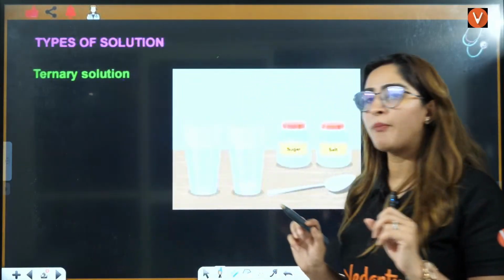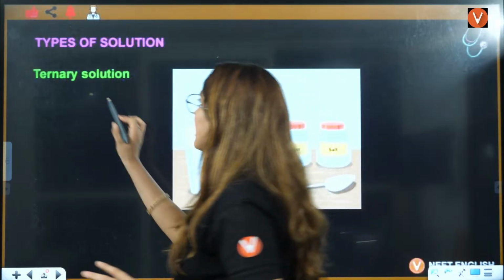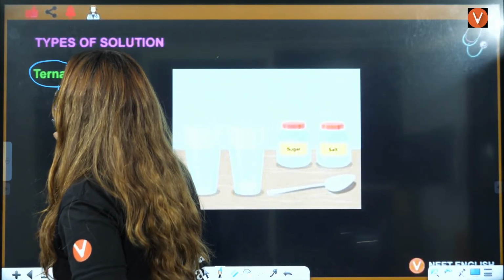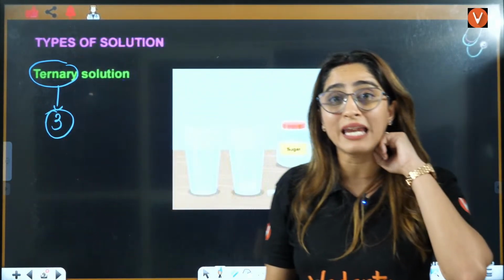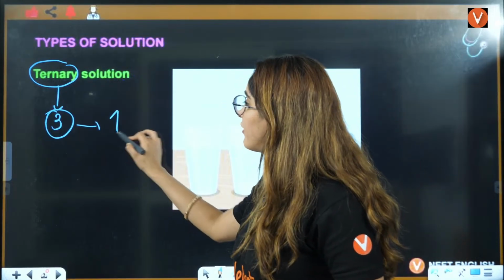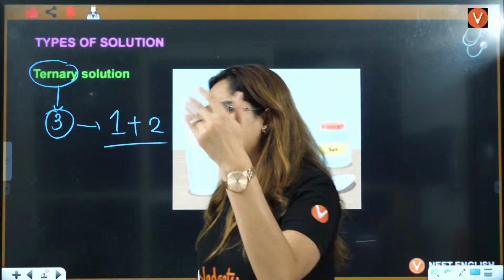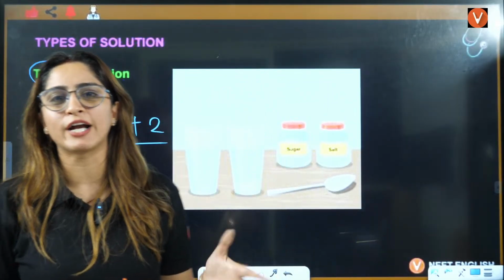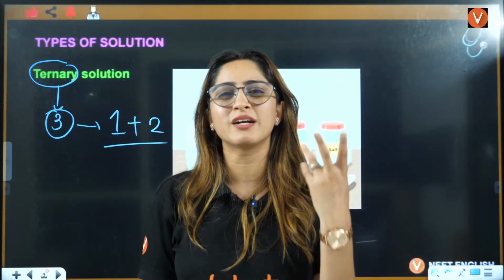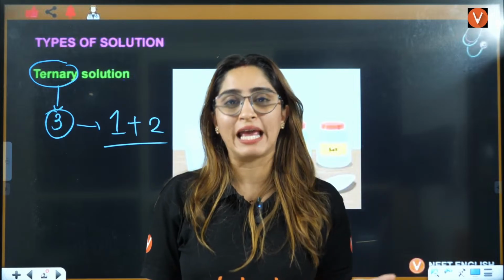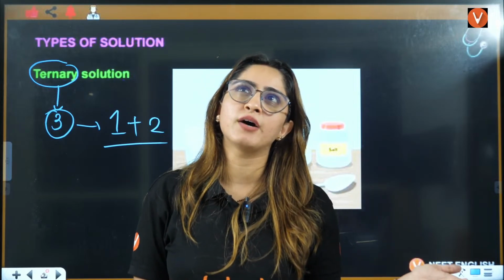Now let us talk about ternary solution. Ternary corresponds to 3. You will have one solvent and 2 solutes. Any example from your daily life?